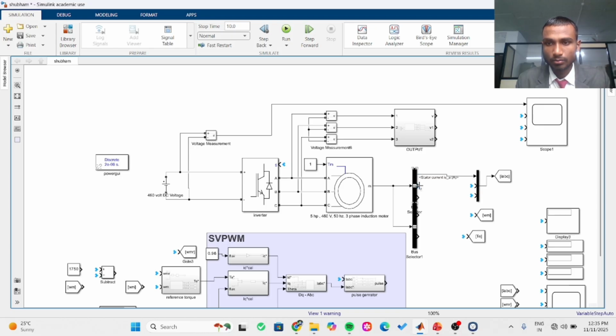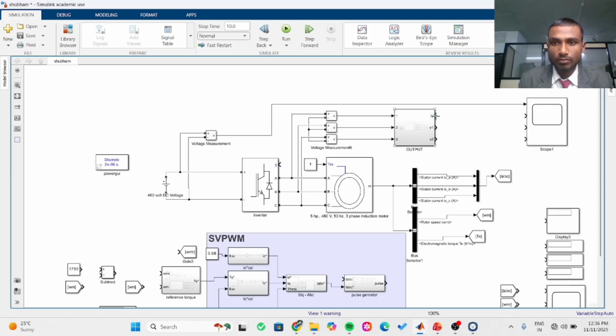This voltage, then another V1, V2. So these are all the three phases. So we have to measure these three phase waveforms on the scope.